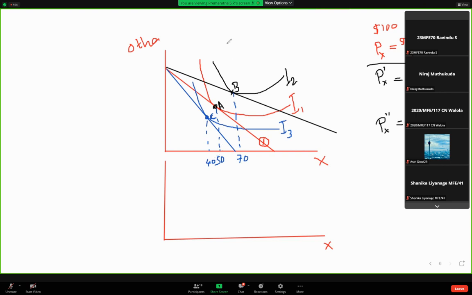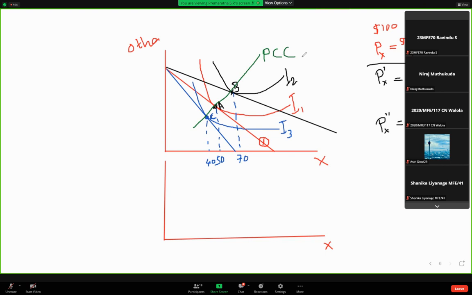Now this movement of the optimal point, connecting them, if you draw a line like that, that line we call the PCC, the price consumption curve.